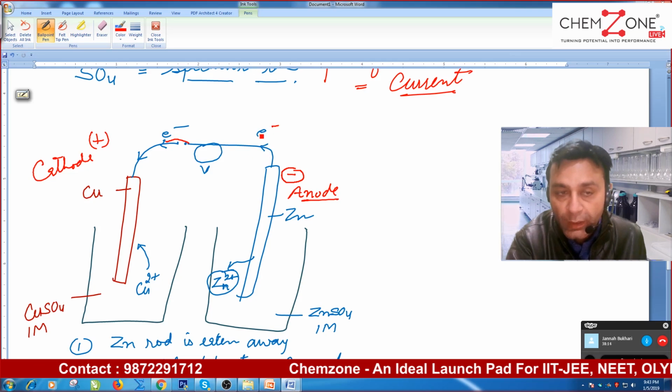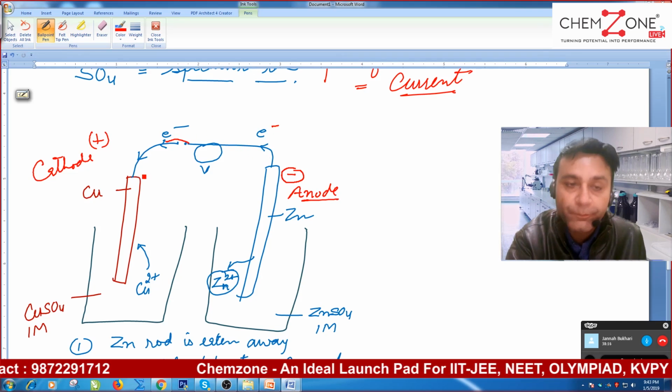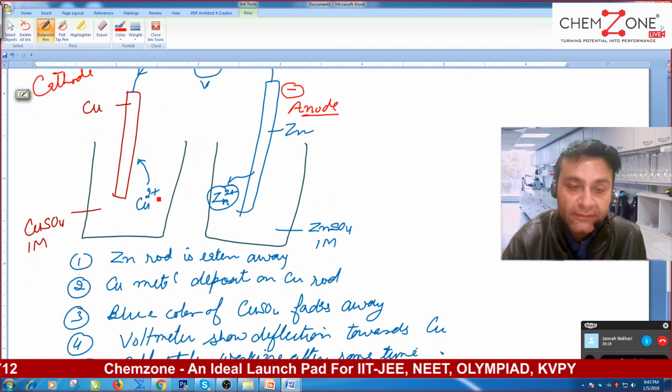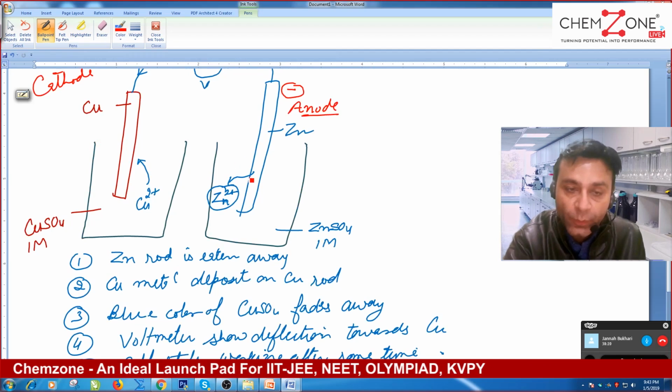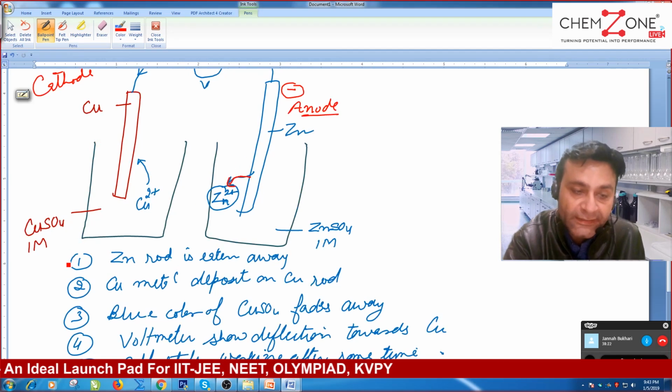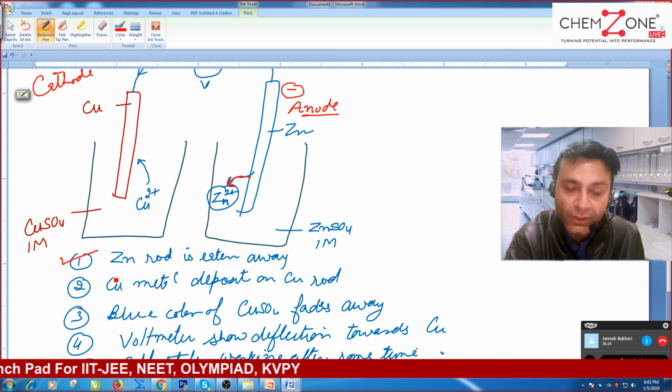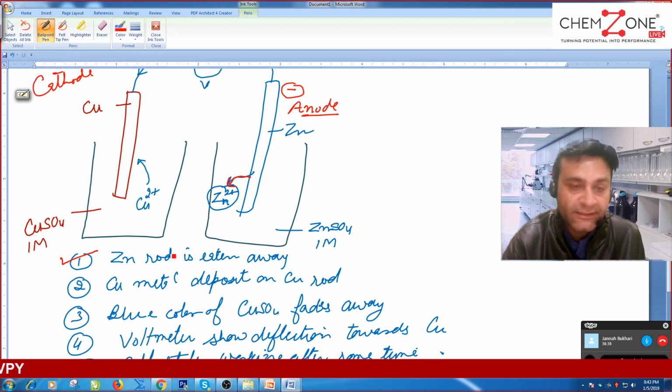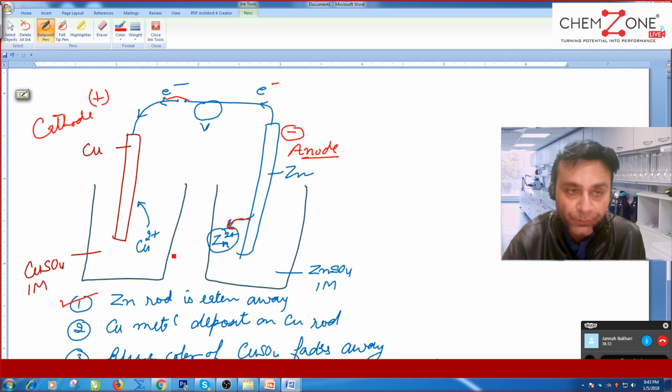So electrons are moving through the wire. Zinc is getting converted into zinc ions, so I can say the zinc rod is eaten away. This observation is because zinc is undergoing oxidation.